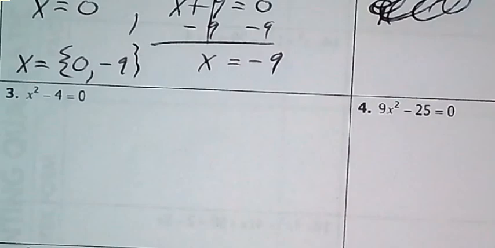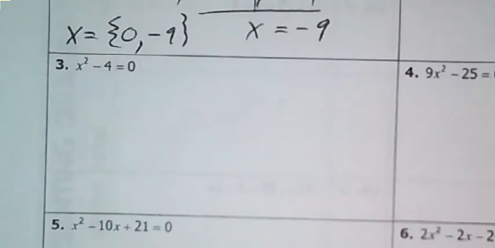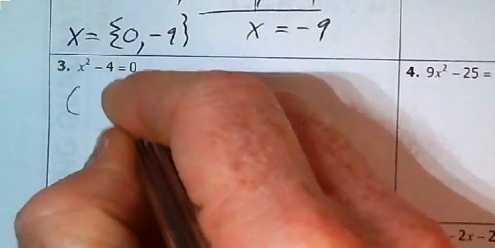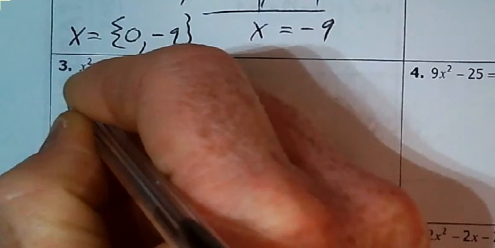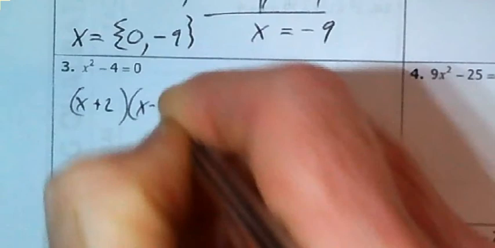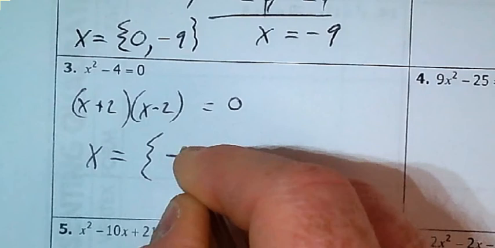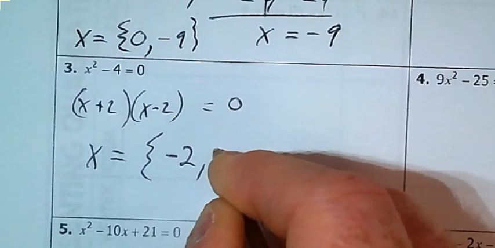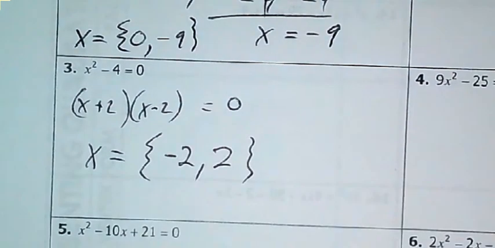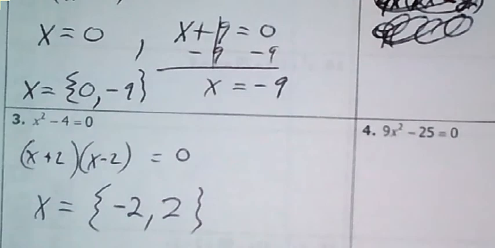Alright, let's look at number 3. Number 3 is the difference of 2 squares, so it's super fast. x plus 2, x minus 2. So what's my solution set? Negative 2, 2. Number 4 is also a difference of 2 squares.